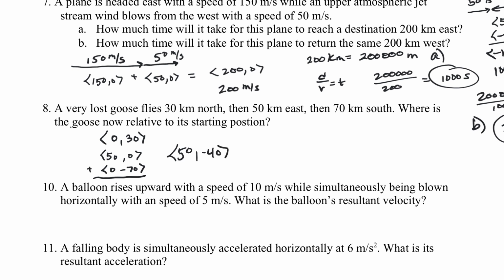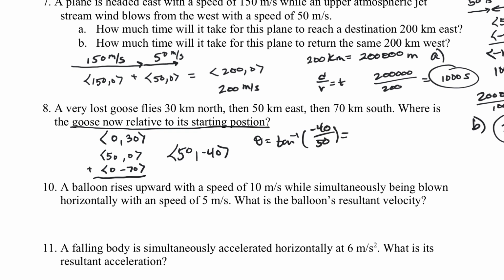And it says, where is it relative to its starting position? I'm going to have to give it a magnitude and a direction, not just the components. So the actual angle would be your tangent inverse of negative 40 over 50.